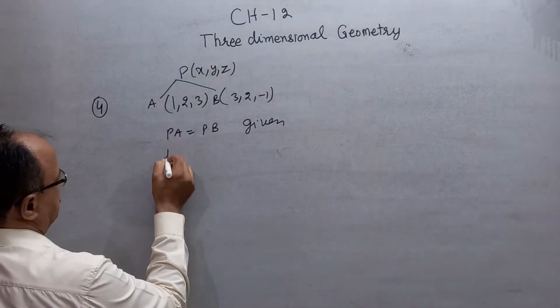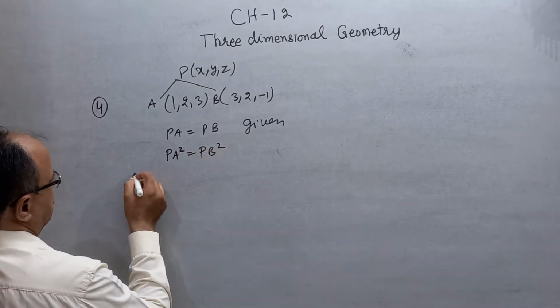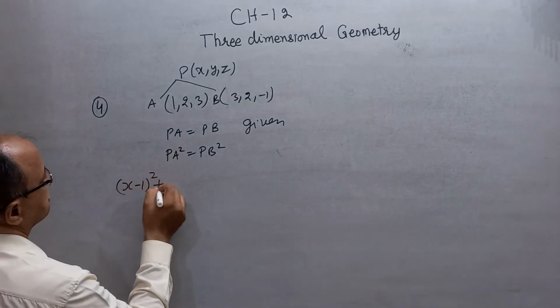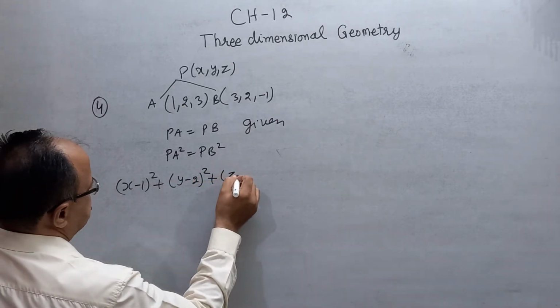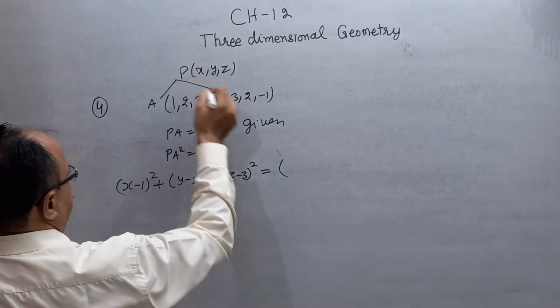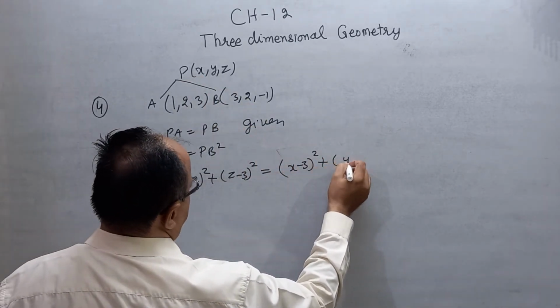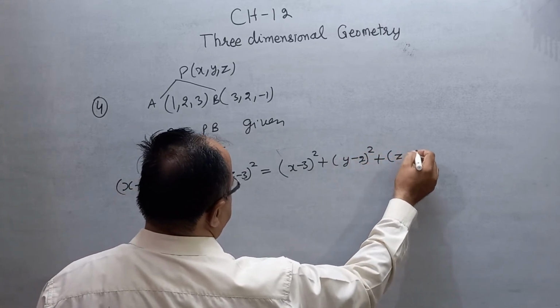You know very well, PA square is equal to PB square. Therefore, (x minus 1) whole square plus (y minus 2) whole square plus (z minus 3) whole square is equal to (x minus 3) whole square plus (y minus 2) whole square plus (z plus 1) whole square.